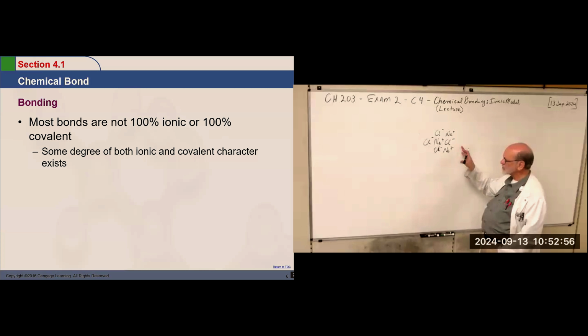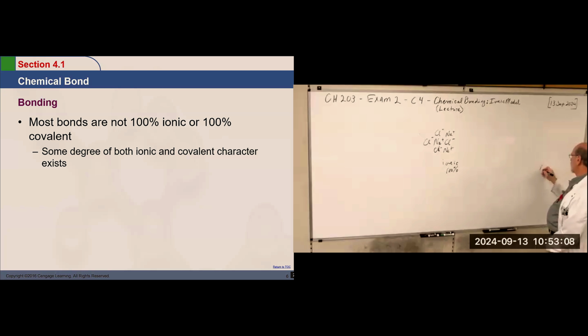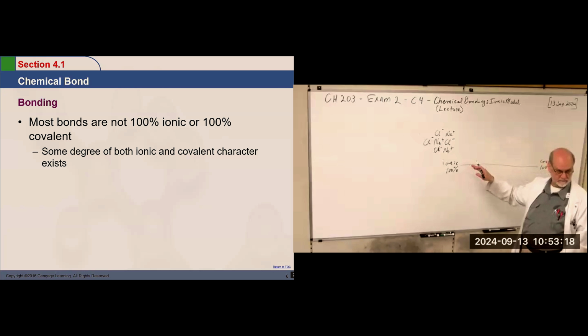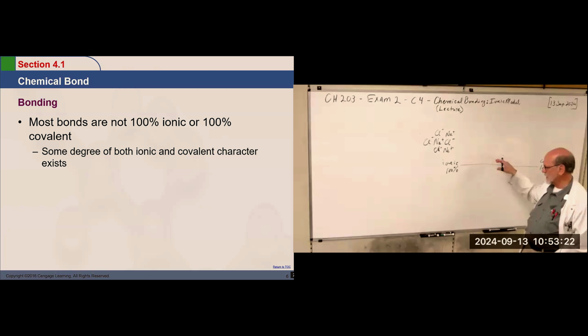So there's going to be some sharing here, but mostly ionic. So you get a spectrum. Like if you have 100% ionic here and 100% covalent here, then all of the compounds are going to fall somewhere in between. Some of them will be on either end, but most of them will be here.